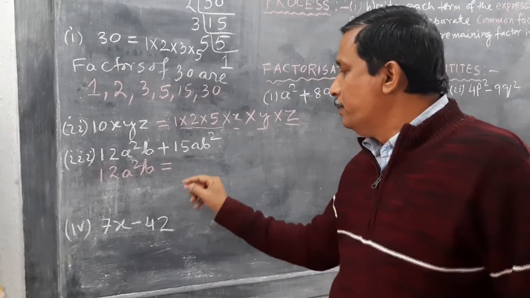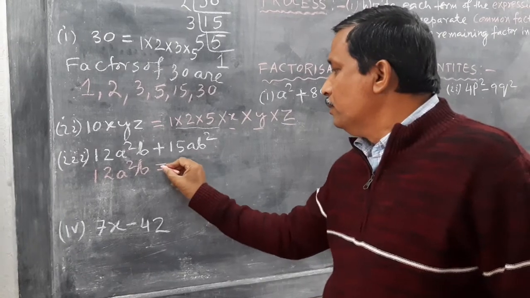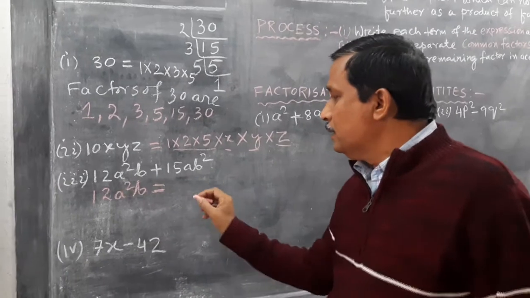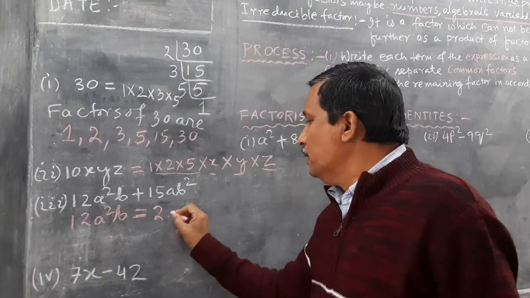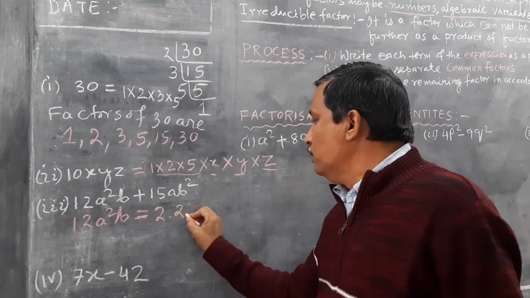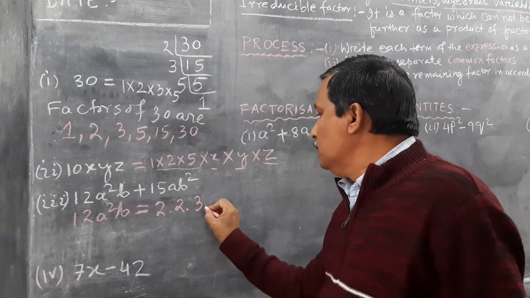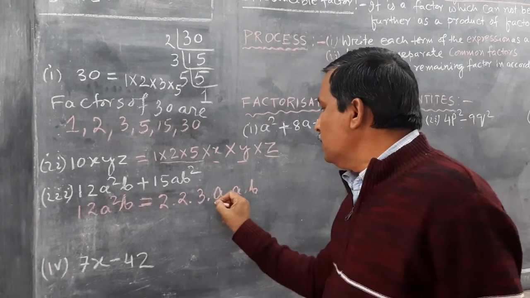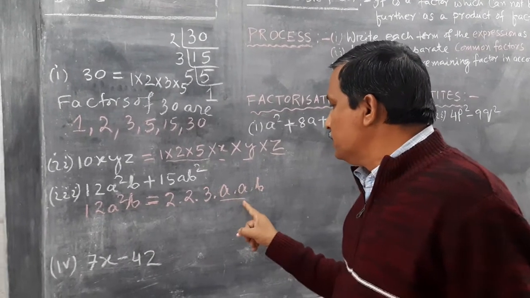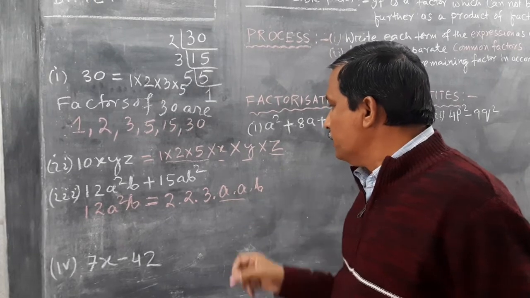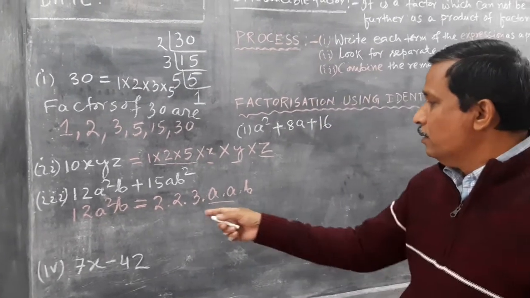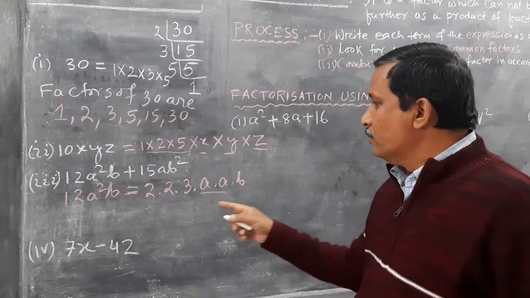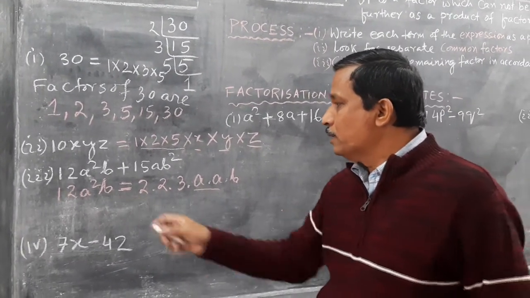Now if you factorize 12 first, just like 30, you get 2 into 2 into 3 into a into a, because a square is a into a, two times. b is only one term, so only b. So here you get the numbers and the variables also. So these are the factors of 12a square b.